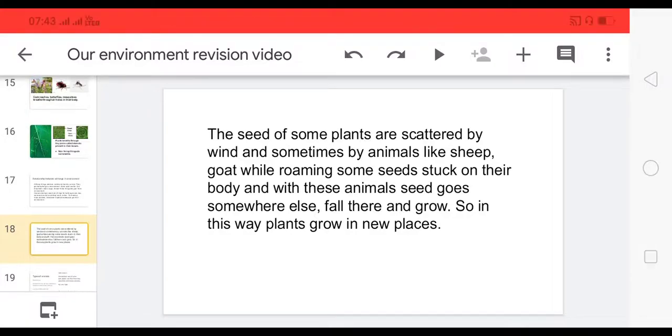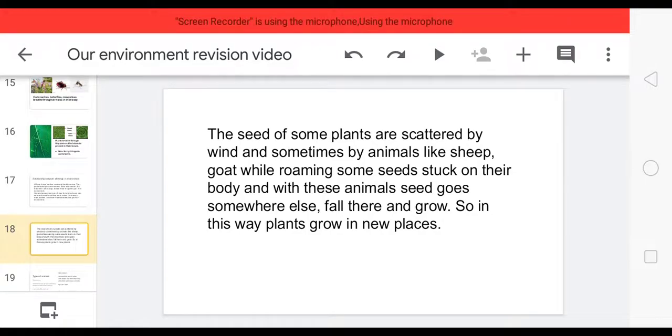Okay, see children, now about the plant. We learn that plants don't move from one place to another place because they make their own food. Then also some plants go somewhere else. Okay, how do they grow? So let us read.